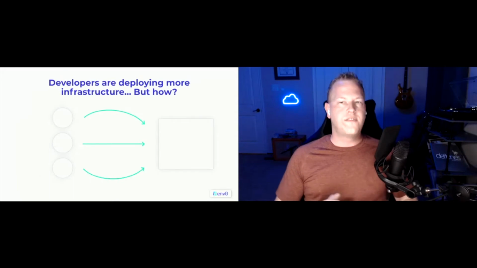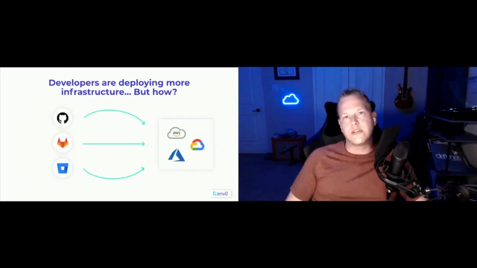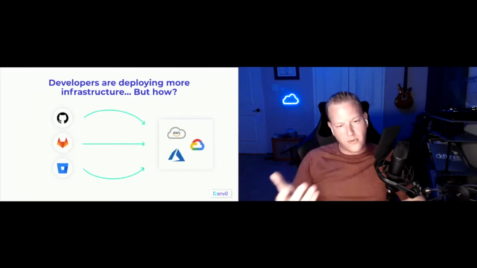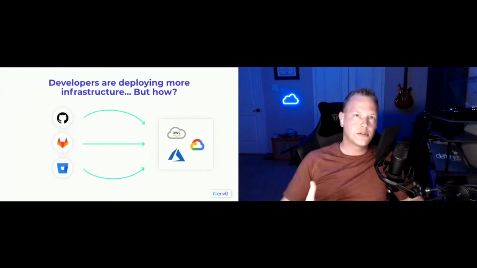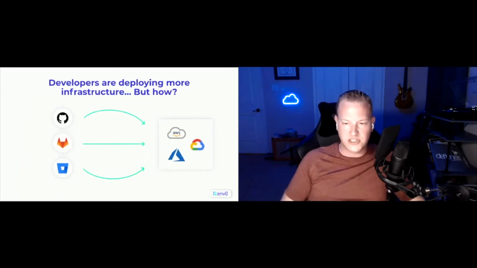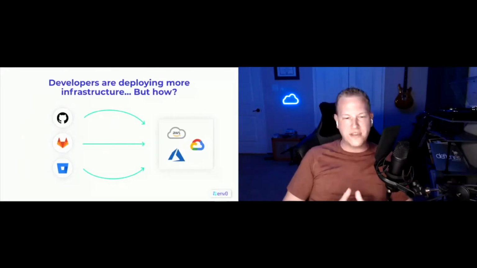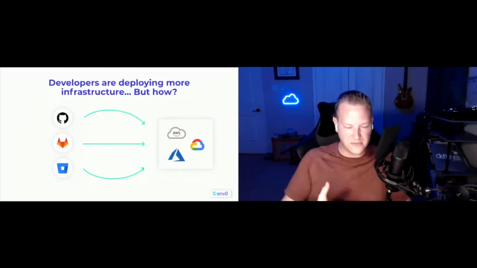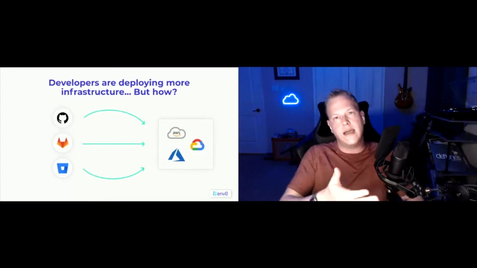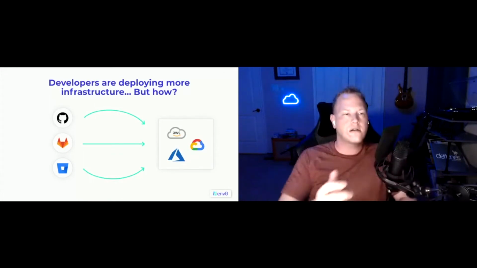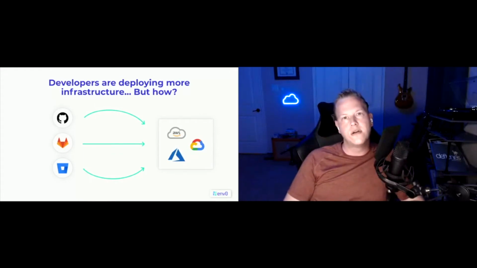So developers deploy more and more infrastructure these days. From the operations and infrastructure side, that was always called shadow IT. From the developer side, it's just called doing their jobs. I can't count the number of times I had problems with developers I was working with going out and swiping the credit card, doing what they needed to do in the cloud when I was trying to give them exactly what they needed.